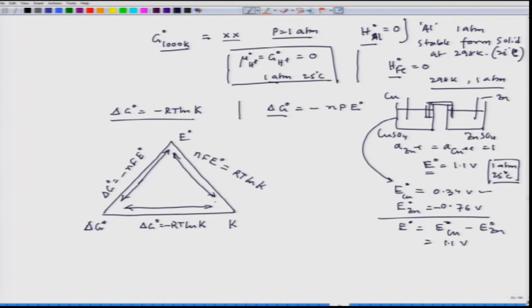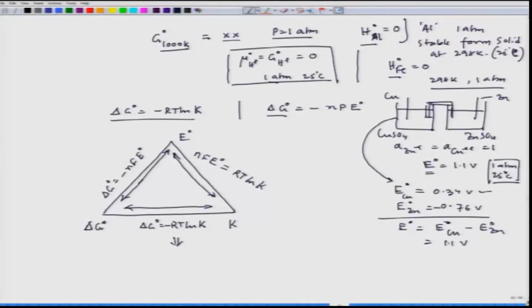And this triangle would enable us to understand at what pH or at what potential in aqueous medium I would get corrosion, or I would get protection, or, there is one particular term you are listening to for the first time, which is called passivity, I would get a passive region.